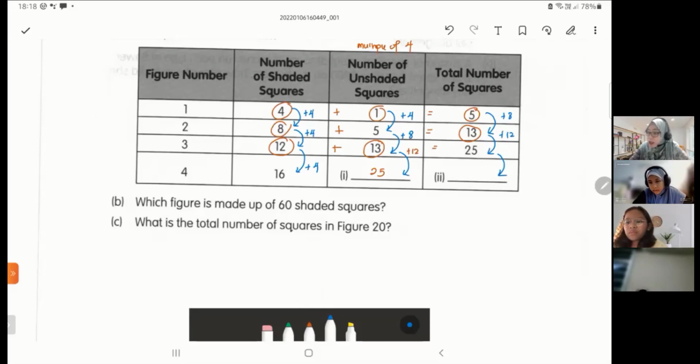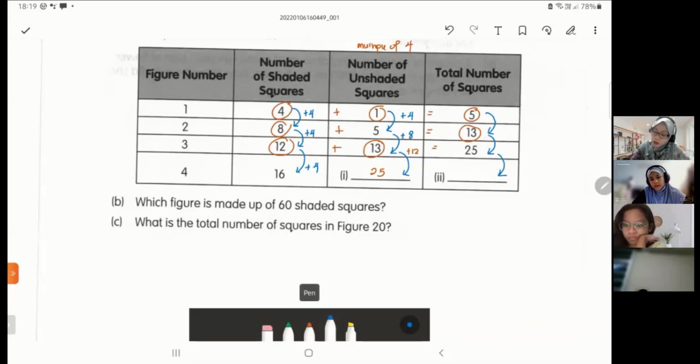And then the figure 4, you take 13 plus 8 again. Okay, so 5 plus 8, you get 13. 13 plus 12, you get 25. And then the next one, yeah, let me repeat again.